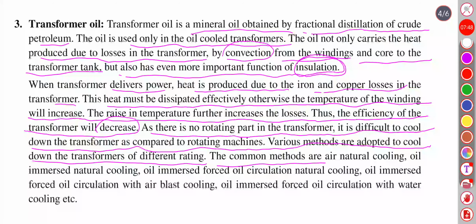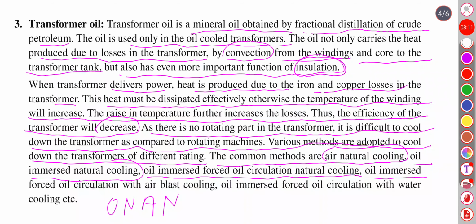The common methods are air natural cooling, oil immersed natural cooling, also called ONAN. Third, oil immersed forced oil circulation cooling, in which pump is provided. Oil immersed forced oil circulation with air blast cooling.